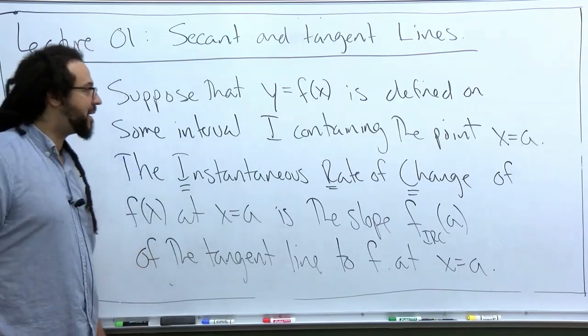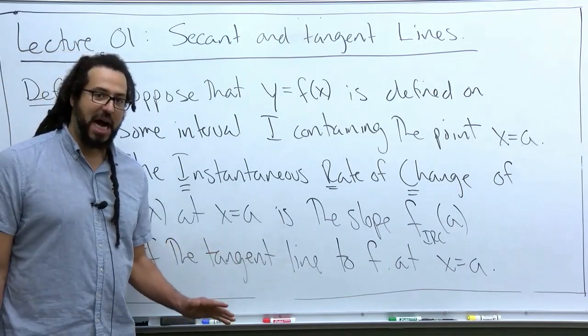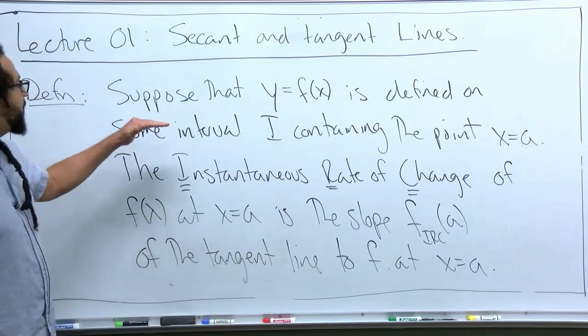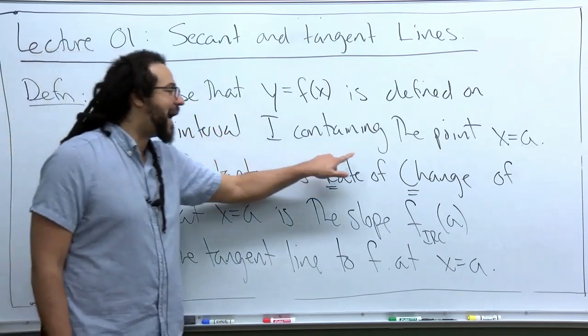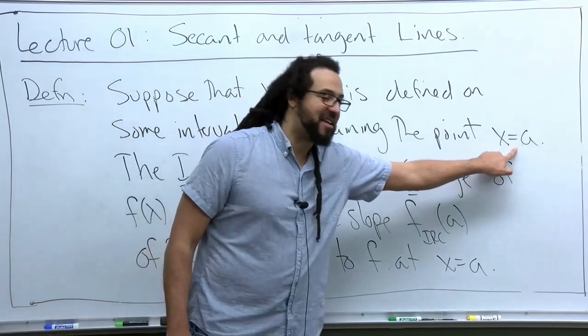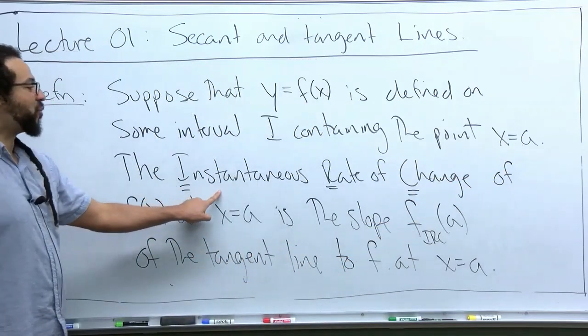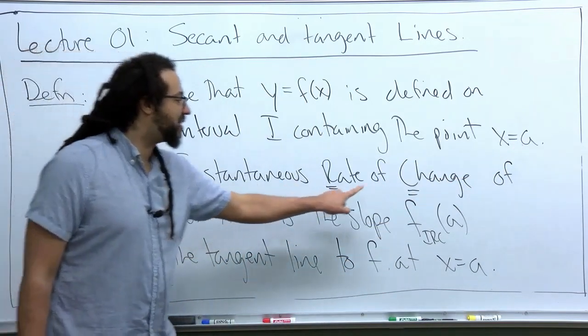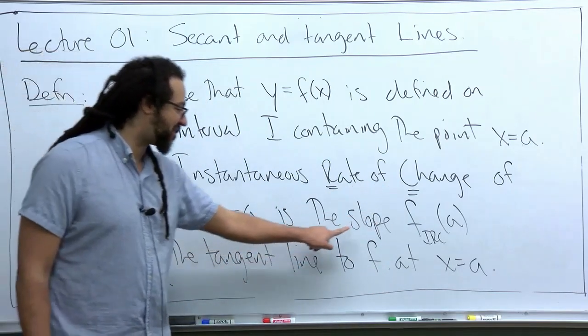Okay, now let's look at another concept involving a line. Here we want to let f be defined on some interval I, whatever, could be open, could be closed, as long as it contains some point x equals a. So the instantaneous rate of change of f at x equals a is the slope.